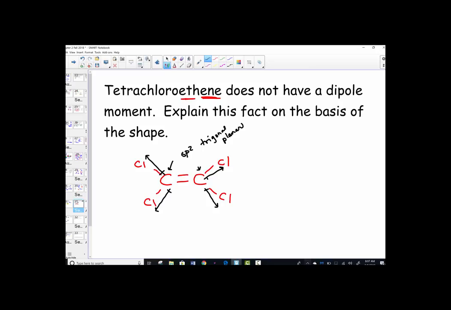But do you see, based on the shape, that the electron pull away from those carbons is equal in all 4 directions? Therefore, the dipole moment would be 0. It is a non-polar molecule due to the equal distribution. We have very polar bonds, but because they're distributing the charge evenly throughout the structure, it's a non-polar molecule. Think symmetry to determine the polarity of a molecule.